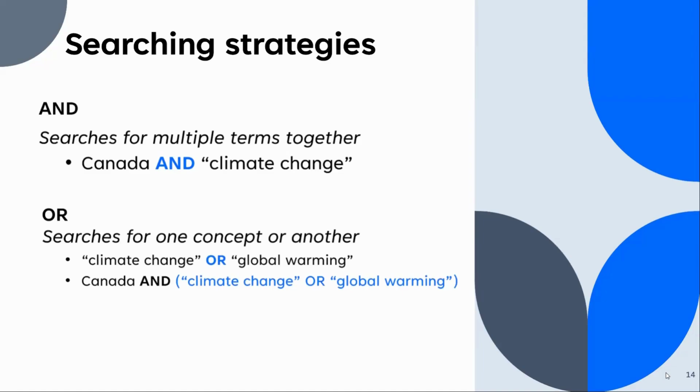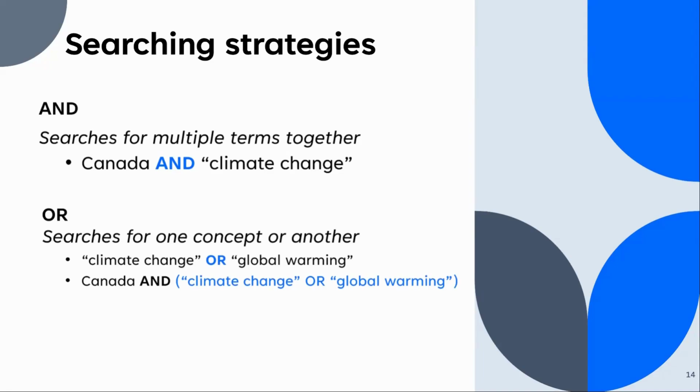Okay, and then the third option for searching strategies is using the word OR. OR is going to tell a database to search for one concept or another. This is really helpful back when we were thinking about concept mapping, and that third question about whether any of your search terms could be described in different ways.